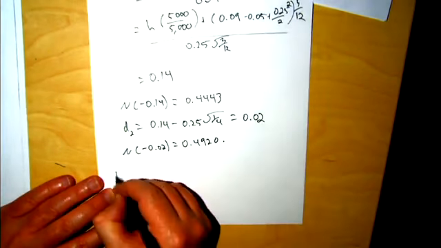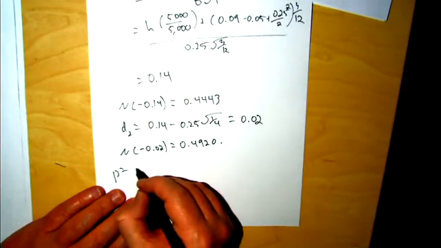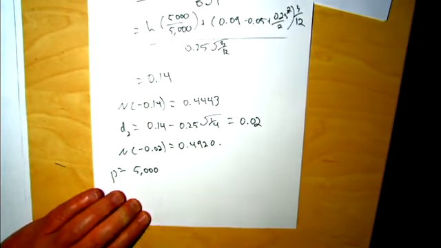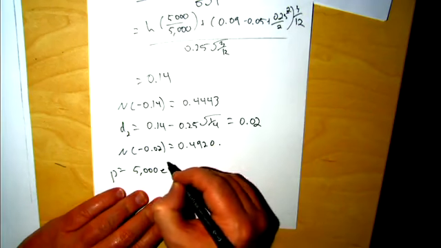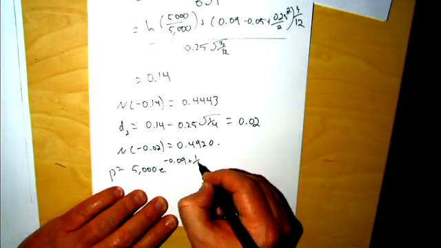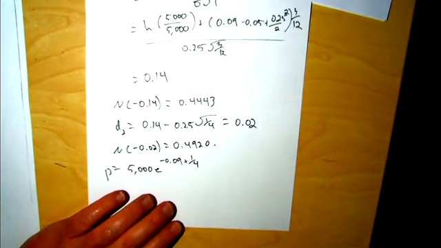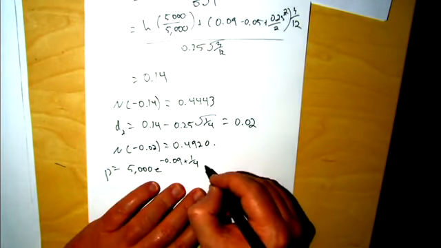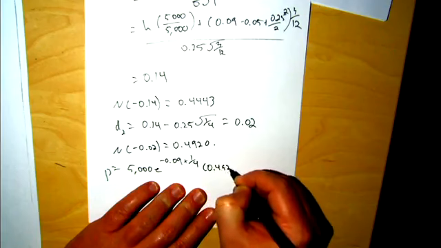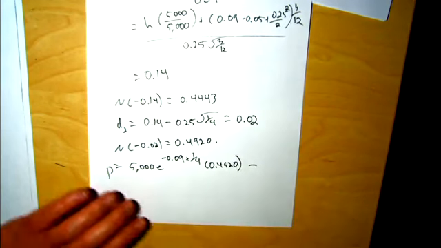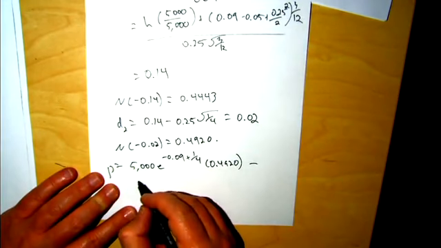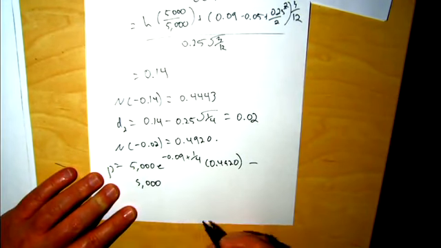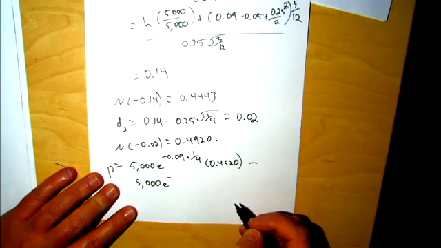So P is going to be equal to X, which is 5,000 points, times e to the power of negative my risk-free of 9%, times a quarter, multiplied by N of negative D2, which is 0.4920, minus my spot price of 5,000 points, times e to the power of negative QT.